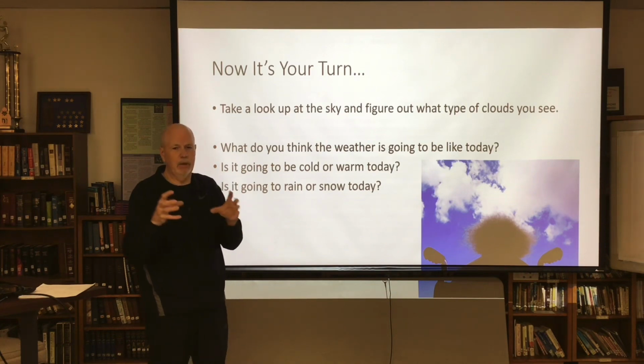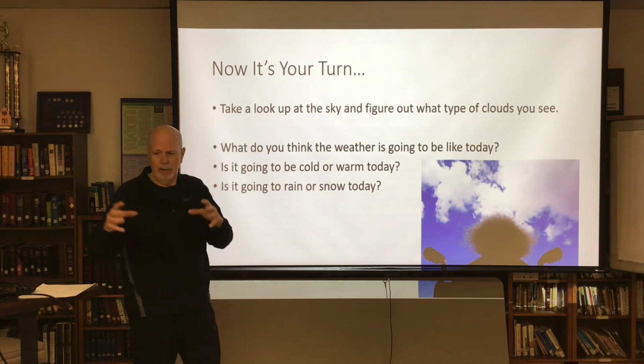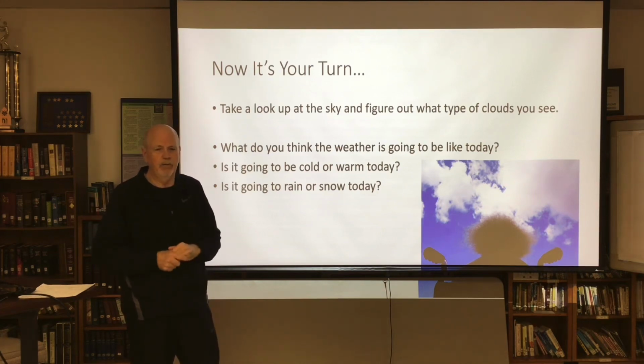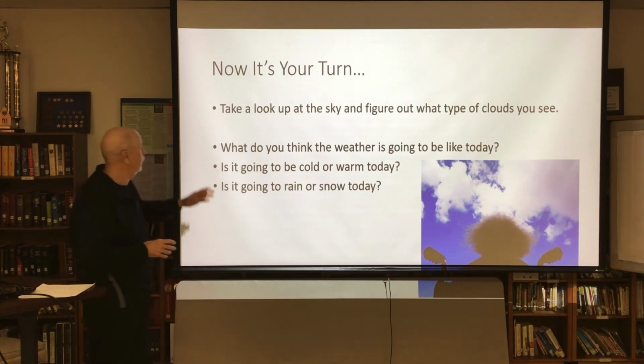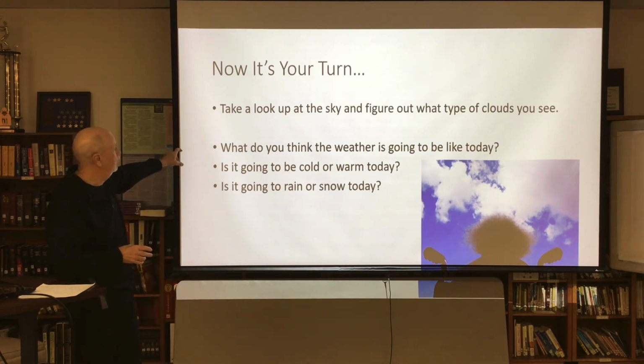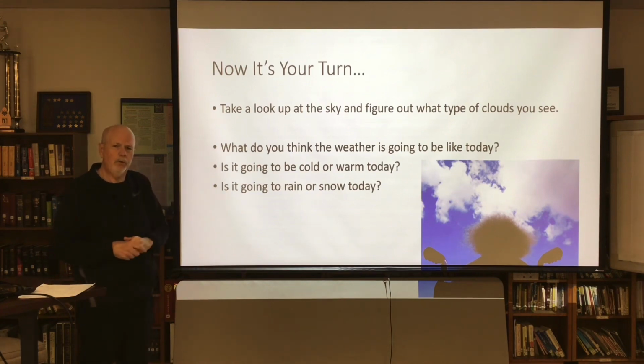Now you might have to get some more pictures, and Annie and some of your other helpers can maybe find some pictures of the clouds with their names on it and help you to identify them. But what I want you to do with that information is think about what the weather is going to be like today.